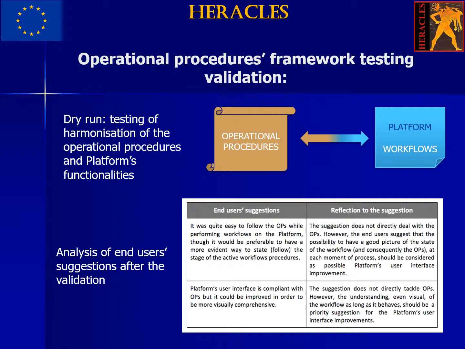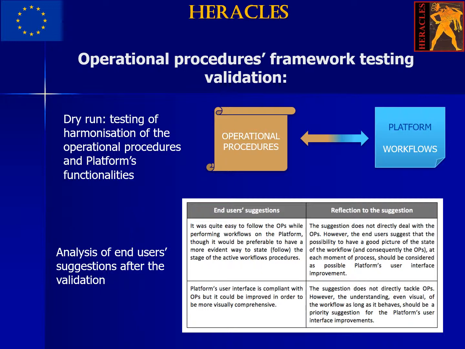Operational procedures framework testing and validation in the Heracles project was performed in two steps. Firstly, the dry run was performed, which means testing of harmonization of the operational procedures and the platform's functionalities. Four scenarios were technically tested without presence of end users to be sure that the platform fully supports workflows.